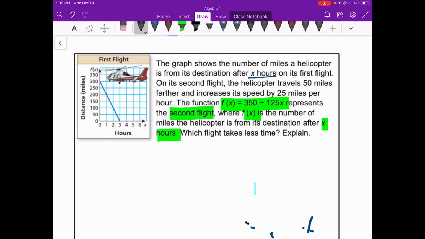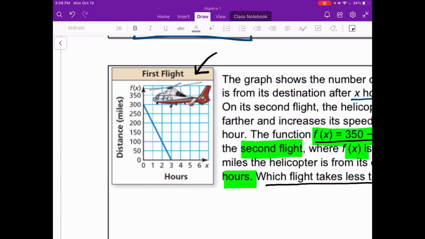Notice that the first flight they're talking about is represented by the graph. So you should be able to compare this graph to the second flight, which has this equation. It says which flight takes less time. So let's analyze the graph for a moment. If we look at the graph, as x increases, as the number of hours increases, this helicopter is getting closer and closer to the destination.